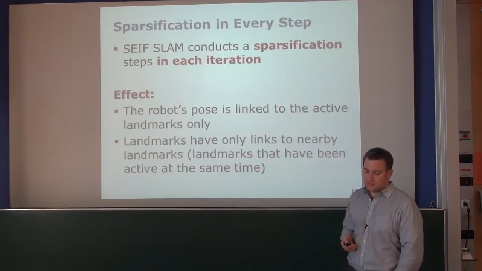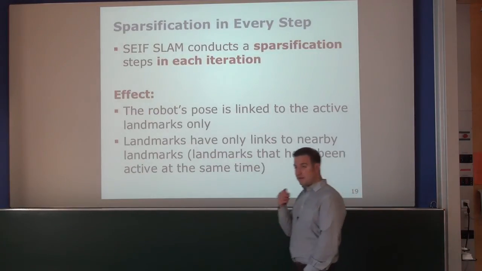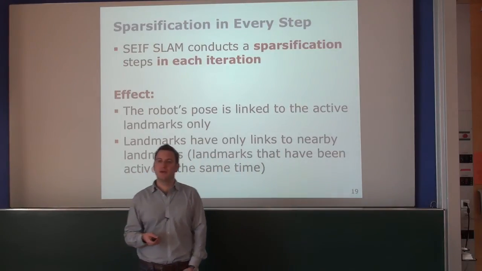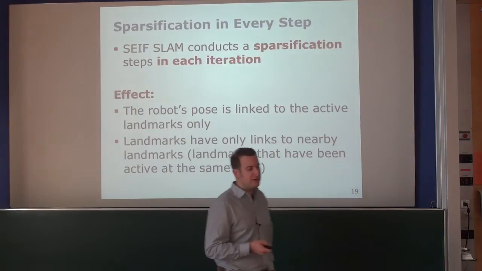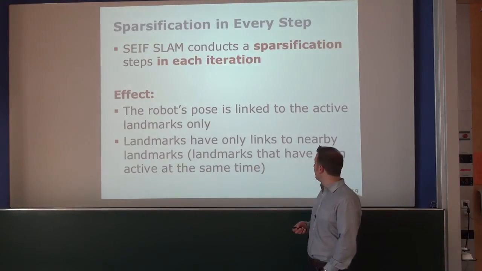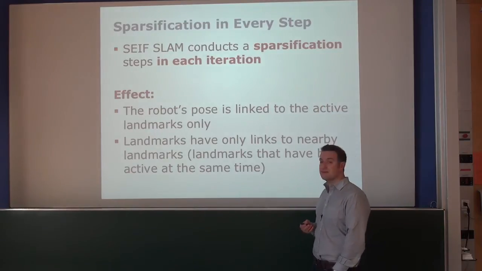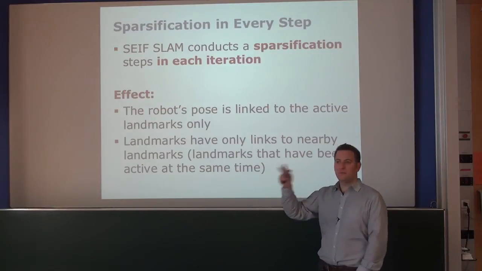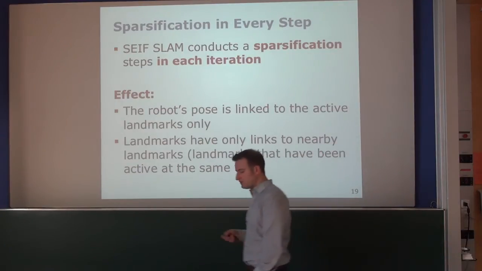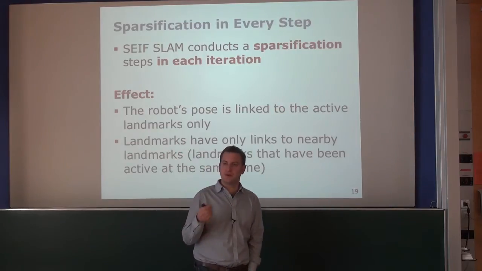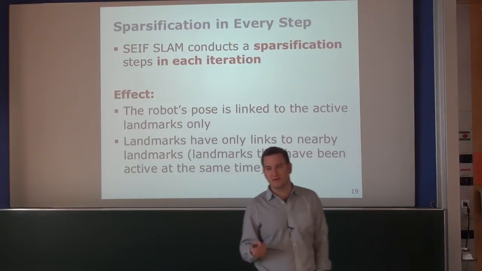Okay, so the key idea to obtain and maintain a sparse information matrix in the sparse extended information filter is to use the sparsification. The sparsification is carried out in every iteration of the algorithm. So after every motion update and measurement update, a sparsification step is carried out in order to make sure that my information matrix is sparse.